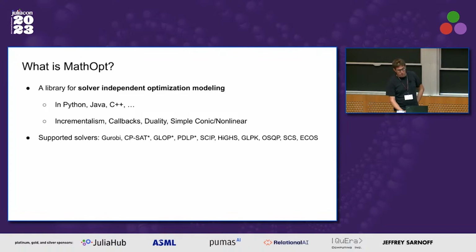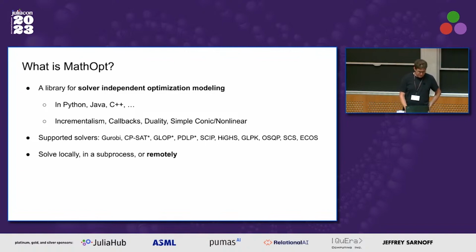And we don't have 43 solvers, but we have a reasonable number of solvers, at least for people who are interested in solving MIP problems. You can use Gurobi, and you can use SCIP and HiGHS. So if you're license constrained or not, there'll be something here that does something good for you. And this is one of the interesting features of MathOpt.